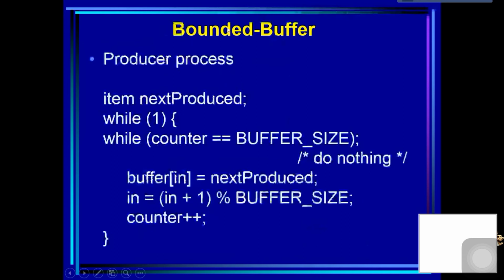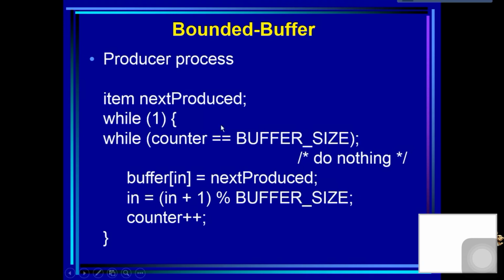So now this is the producer process. This next produced is the local data of the producer process, and it is used to hold the item that is produced by the producer and will be put into the buffer.